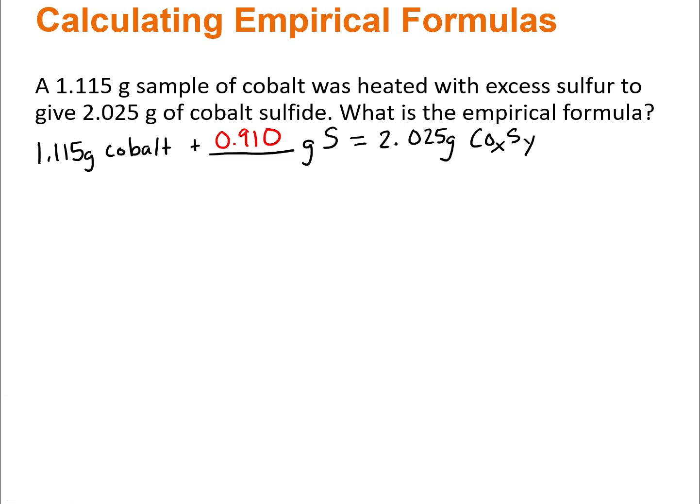So now we know how much we have of the cobalt and how much sulfur. The next step is to convert our grams to moles, and that always uses the molar mass. I want you to convert the cobalt and the sulfur to moles, and let me know what you get.